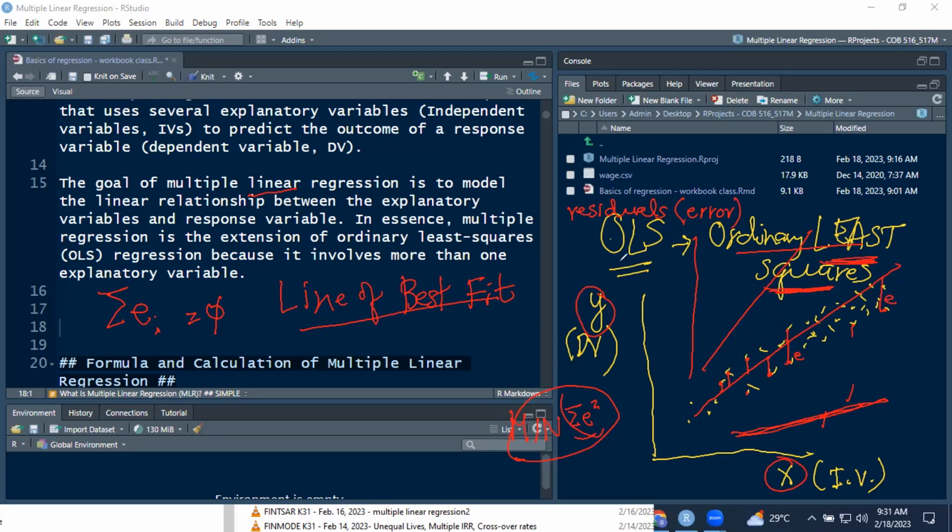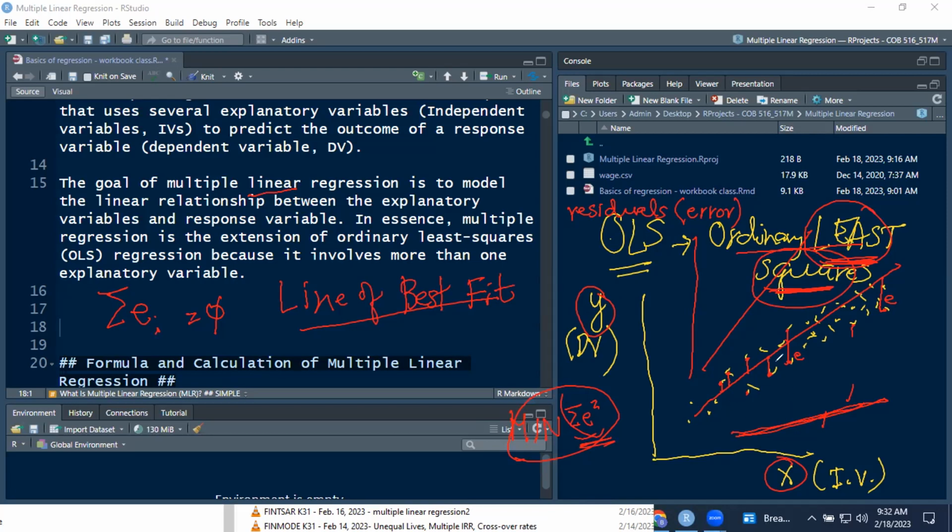Okay, that's why it's called OLS, ordinary least squares, that refers to the square of your error terms. So that's the whole concept of OLS. We find this line that will best describe our y using x.